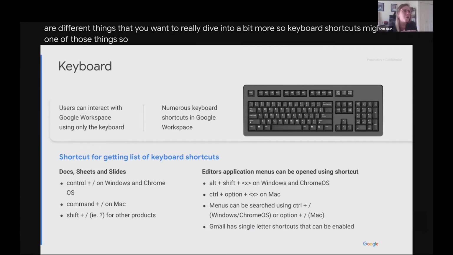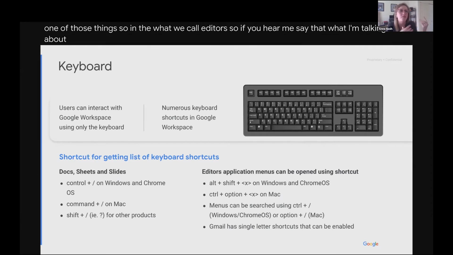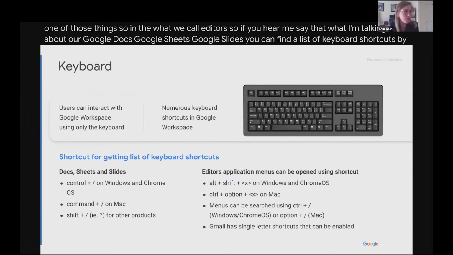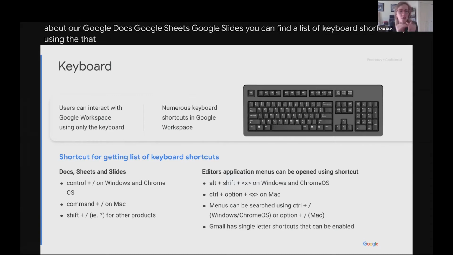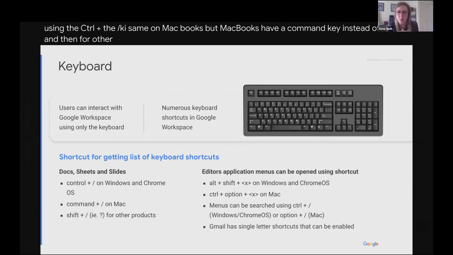In what we call editors, so if you hear me say that, what I'm talking about are Google Docs, Google Sheets, and Google Slides, you can find a list of keyboard shortcuts by using control plus the slash key. Same on MacBooks, but MacBooks have a command key instead of control. And for other products, you use the shift key.